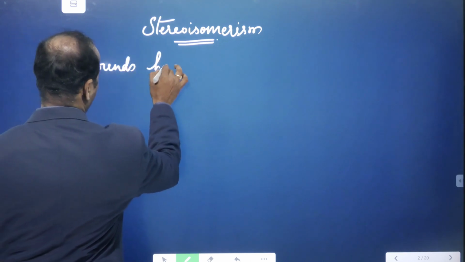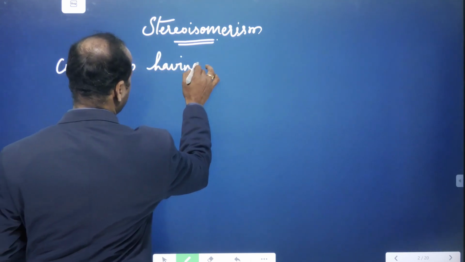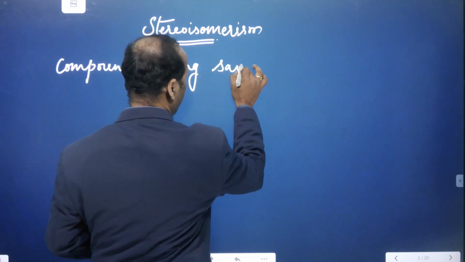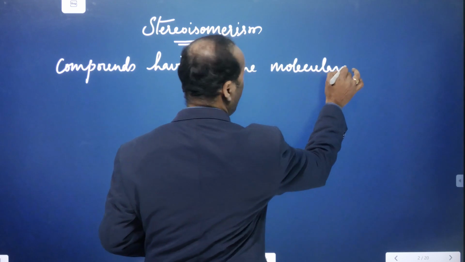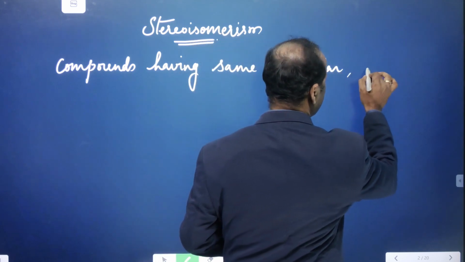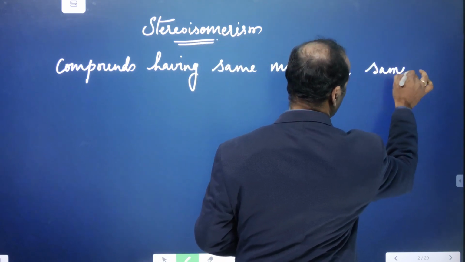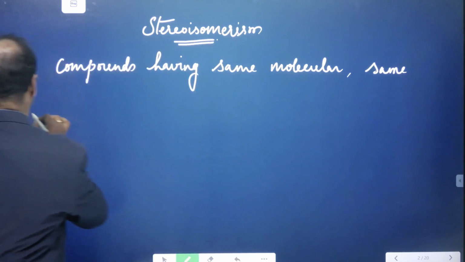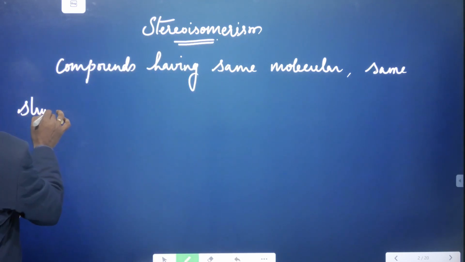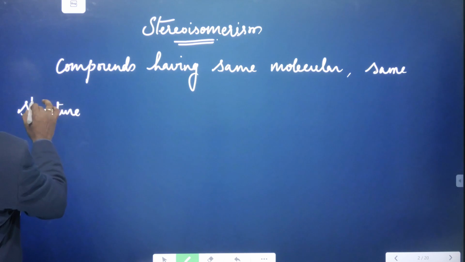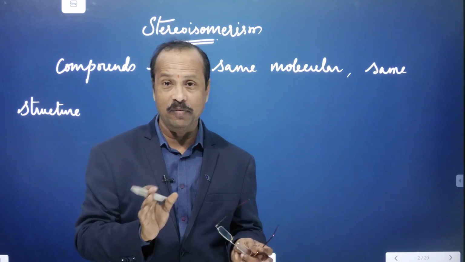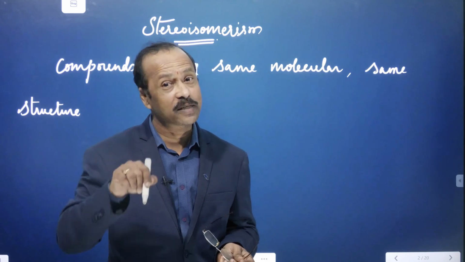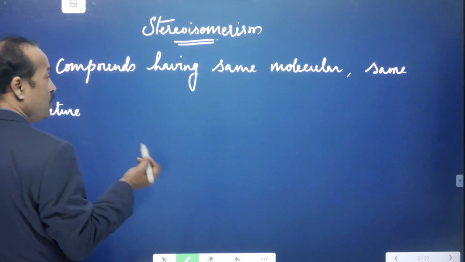Compounds having the same molecular formula, and very important here, the same structure also, but differing in spatial arrangement, are called stereoisomers, and the phenomenon is called stereoisomerism. In structural isomerism, the molecular formula is the same but the structures are different. But here the structure is also the same. Then where is the difference?